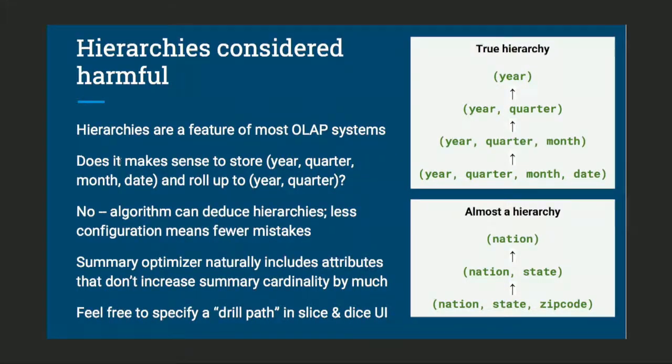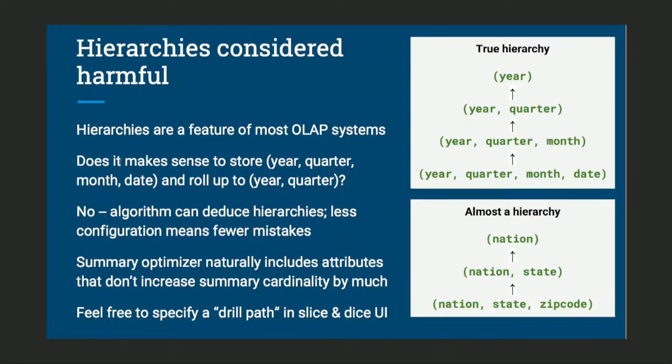The system should be able to figure out for itself the functional dependency between year, quarter, month, and date, and so forth. And furthermore, these things which are almost hierarchies, there's not a functional dependency between state and zip code and zip code and state, but we still get a lot of benefits because they're almost functionally dependent.